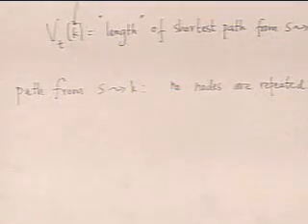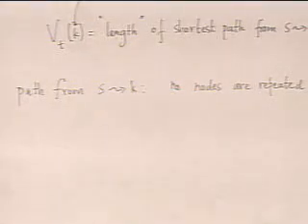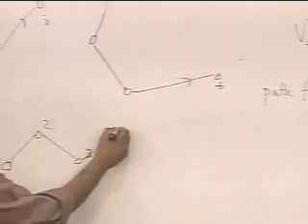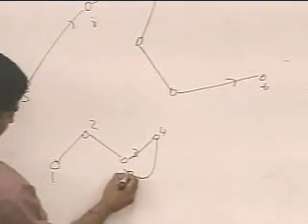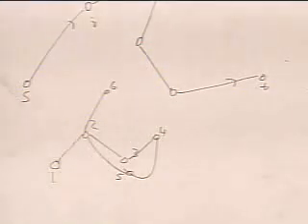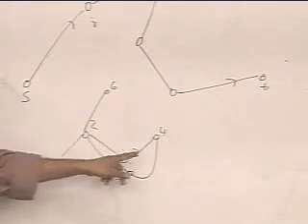So for example, if you go from node 1 to node 2 to node 3 to node 4 to node 5, let's say, then back to 2 and then go to node 6, this I will not call a path from node 1 to node 6. Why? Because it has embedded in it a cycle.